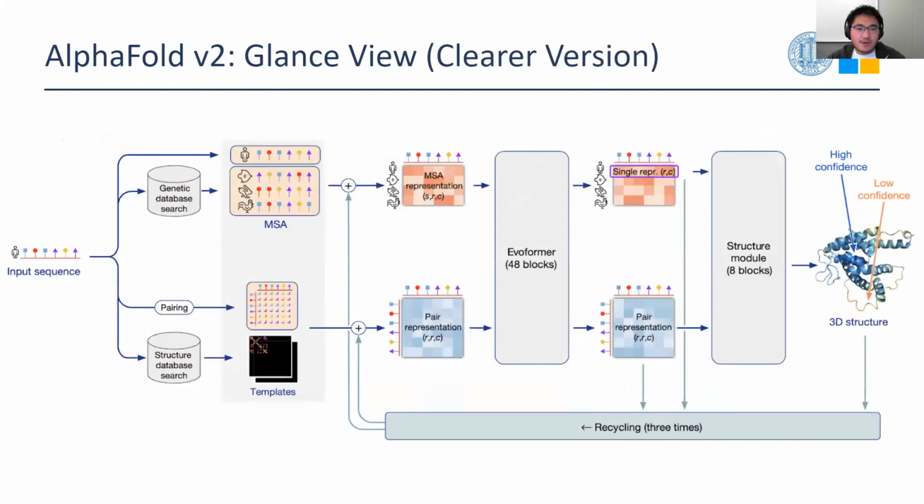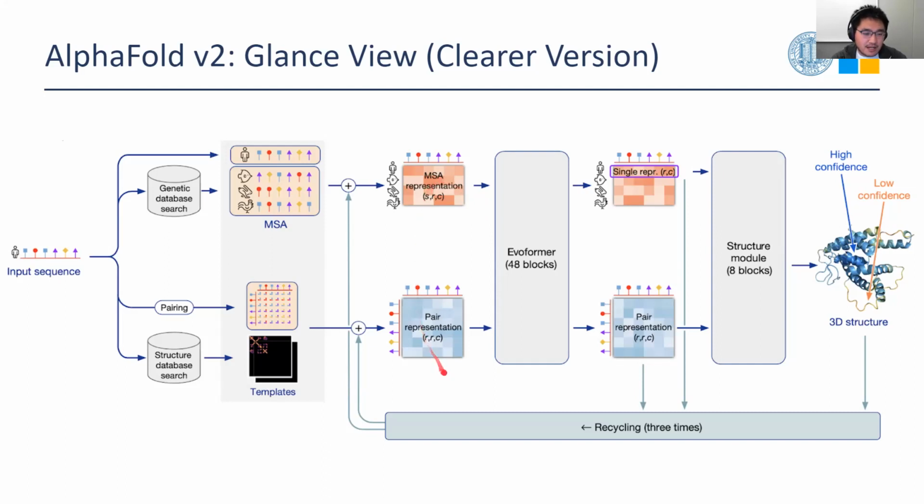So this is a clearer version of how they are doing that. This is the entire AlphaFold 2 version. The Evoformer here is the part that does the encoding.